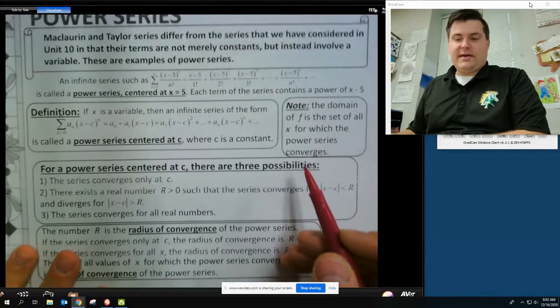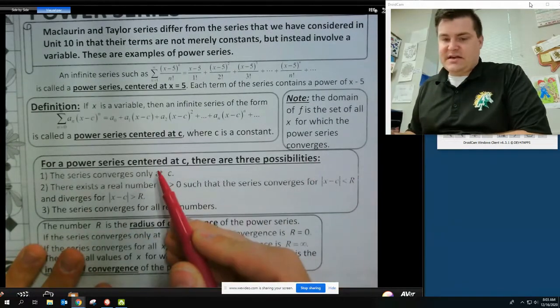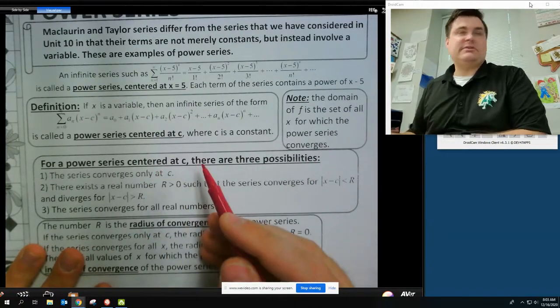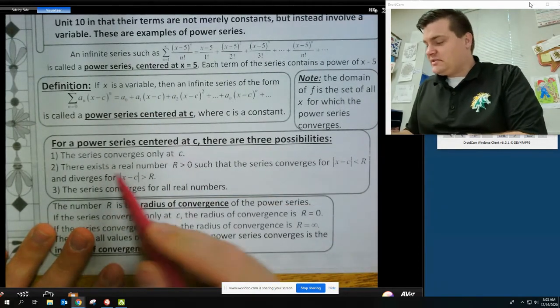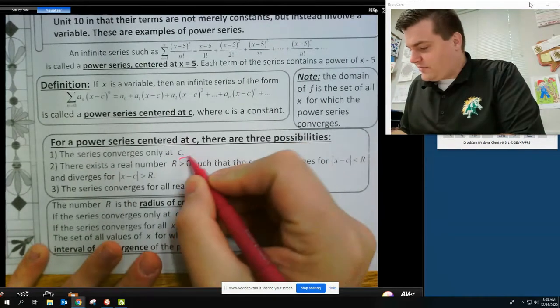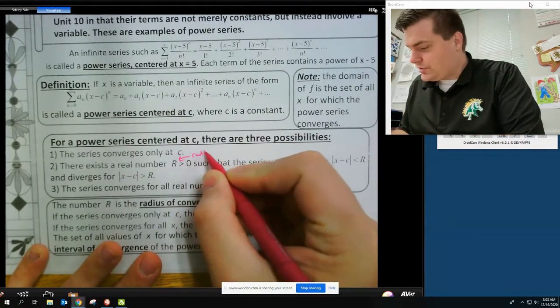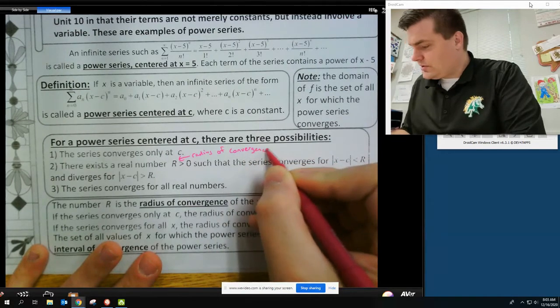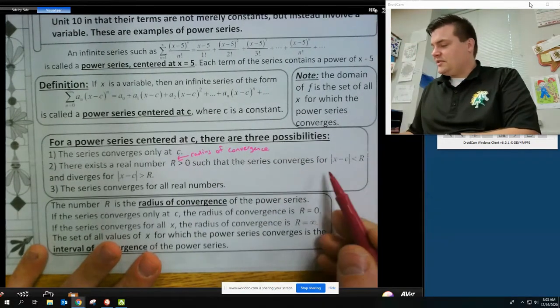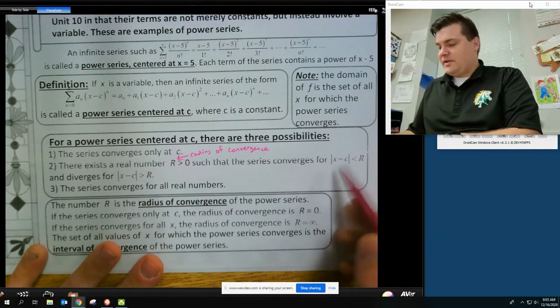For a power series centered at C, there are three possibilities. Either the series converges only at C, or there exists R, which is really the radius of convergence, greater than 0, such that the series converges for this value right here, or diverges.